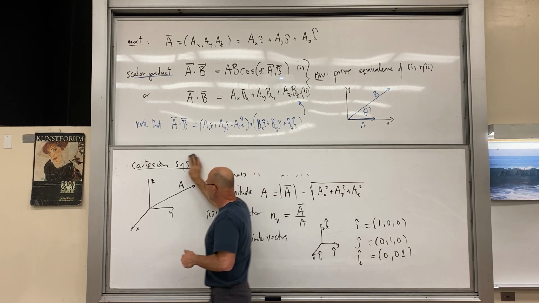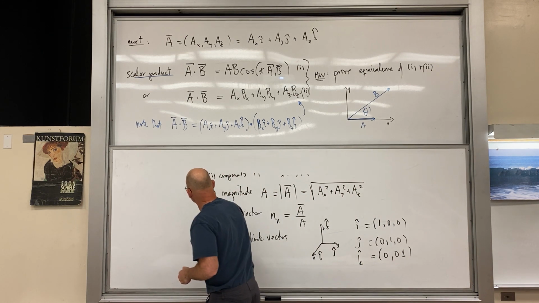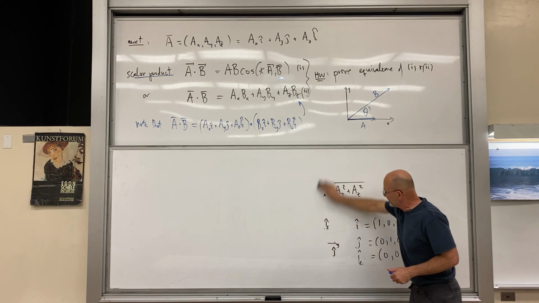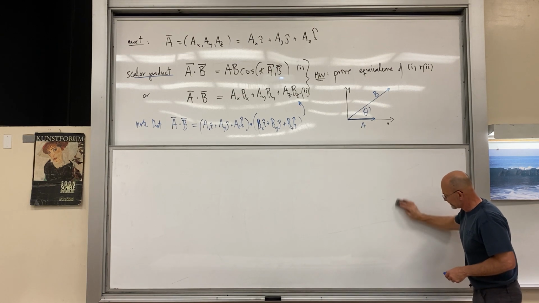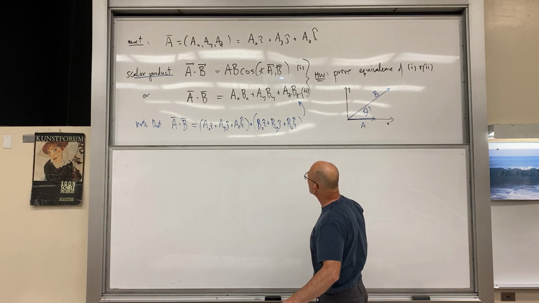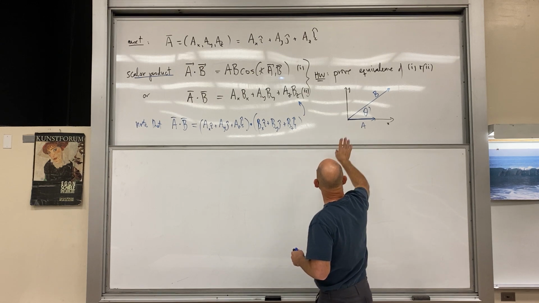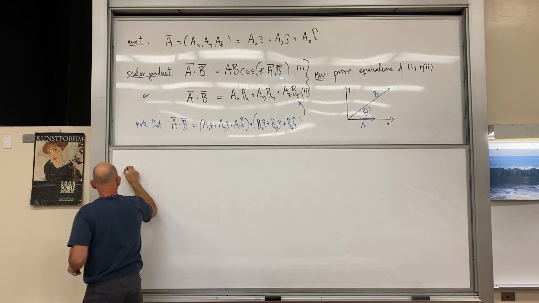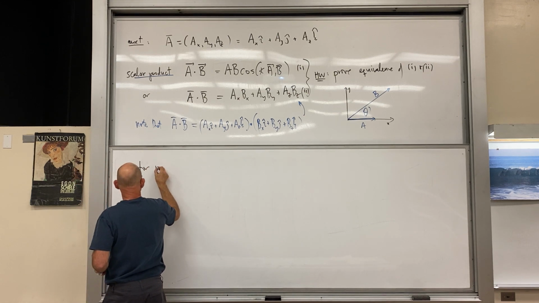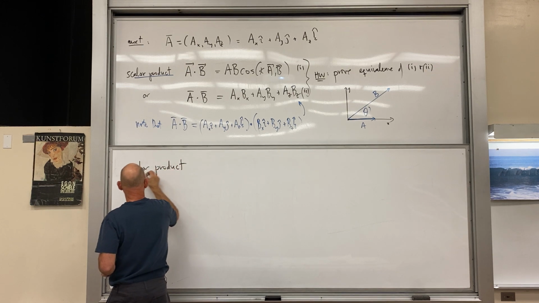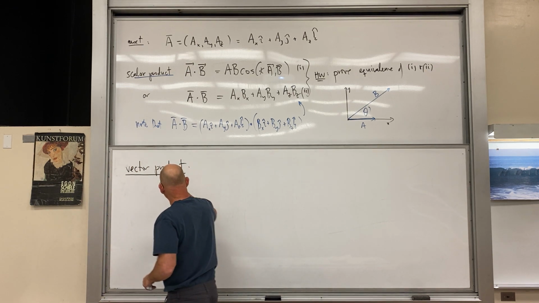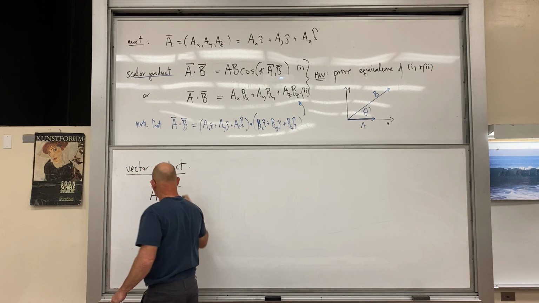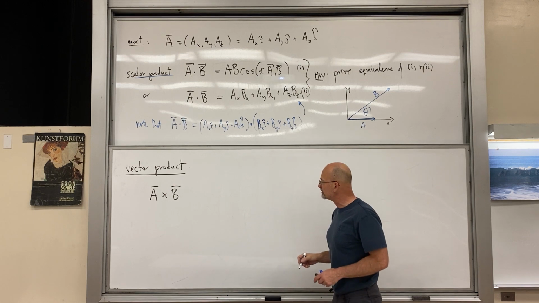Let's look at the vector product as well. There's our scalar product and the basics of it. You want to prove that, we set it up. So the vector product, and this is A cross B. It's got a little more complicated formalism.